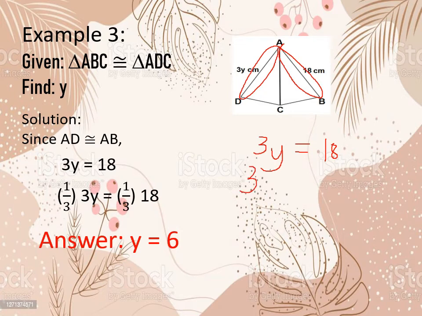It is 6. So 3 times 6 is equal to 18. And it is equal to 18. So, therefore, the value of y, which is 6, is correct.